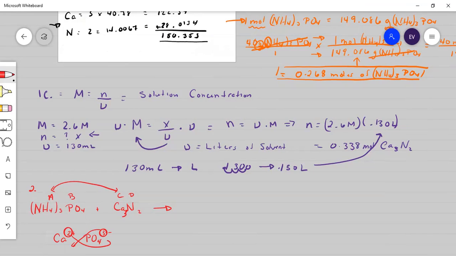This guy becomes a subscript here, and you end up with calcium 3 phosphate 2. Okay. No, these numbers here do not carry over to the other side. If those numbers there carried over to the other side, then we would not ever need to balance, right? And the next one is going to be ammonium nitride. Okay, so that's going to be your chemical reaction.